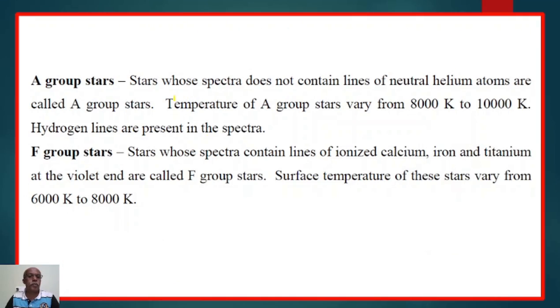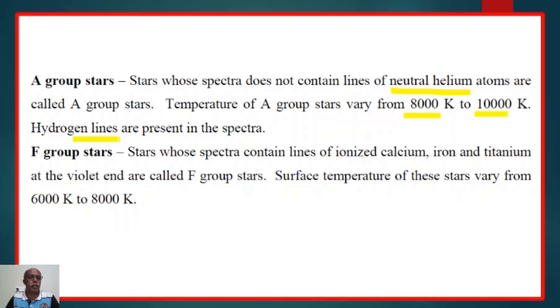Now we have A group stars. A group stars are the stars which contain or which do not contain the lines of neutral helium atoms, and the temperature varies from 8,000 Kelvin to 10,000 Kelvin, whereas these stars contain the spectra of hydrogen lines.